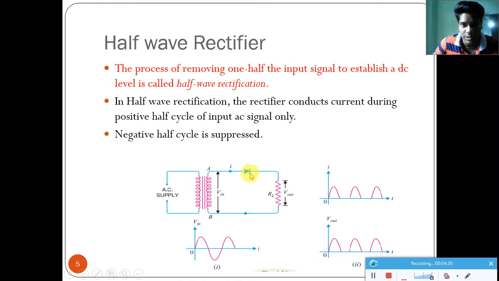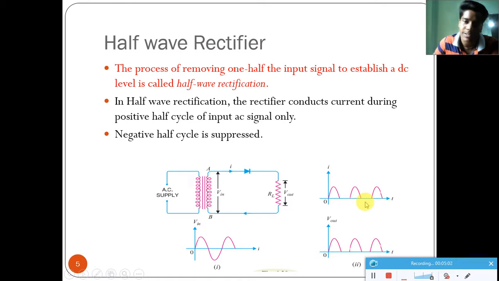In the positive half cycle, the diode D1 is conducting, I mean it is in forward bias, and current flows through. In the negative half cycle, this diode is in reverse bias, so it blocks the current and we have zero current. Again in the positive half cycle we have current same as input, while in the negative half cycle again we have zero current.